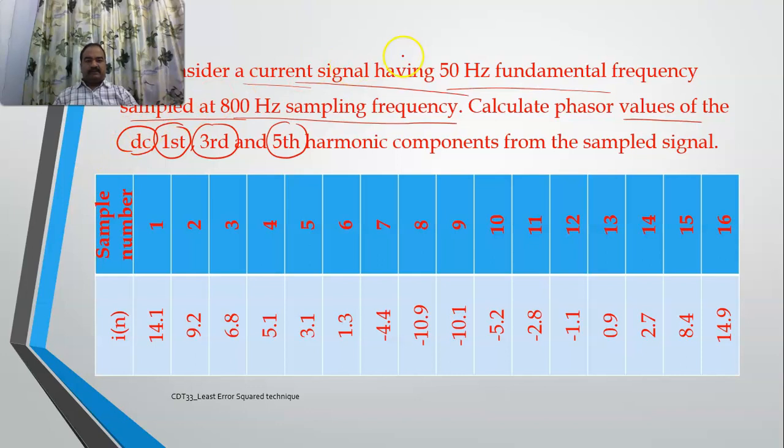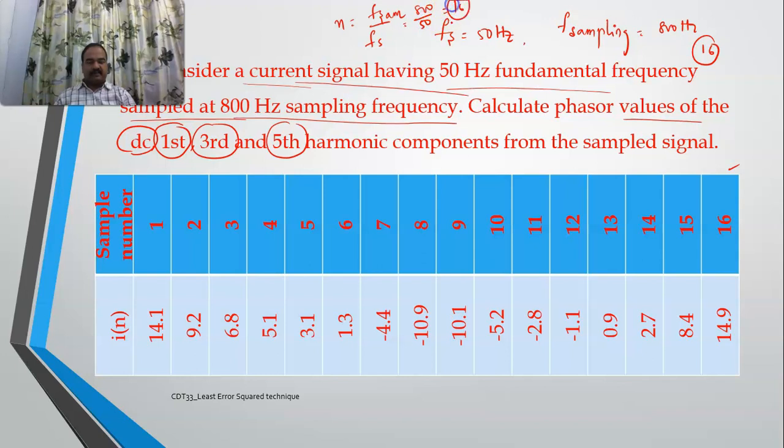It means the system has a fundamental frequency of 50 Hz and a sampling frequency of 800 Hz, which means you will be taking 16 samples per single cycle, because N is equal to sampling frequency by fundamental frequency. It is 800 by 50, which is 16 samples for one full cycle.